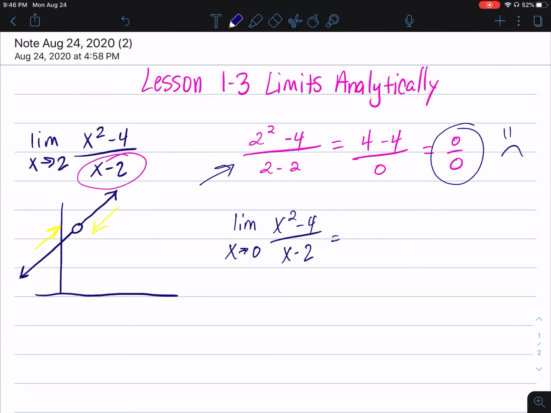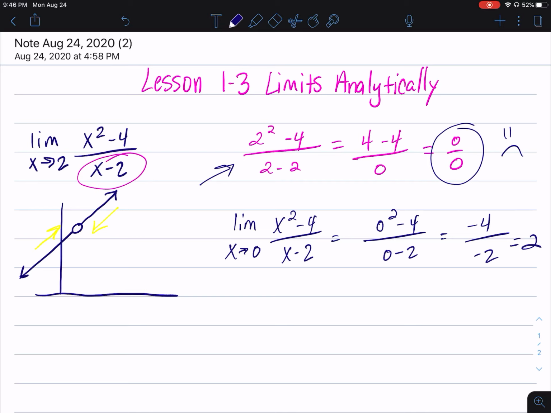So let's say that it was 0 instead that we were going to plug in, and we're trying to find the limit as x approaches 0. So if we plug 0 in, 0 squared is 0 minus 4, and then 0 minus 2 is negative 2, so we're going to get 2.